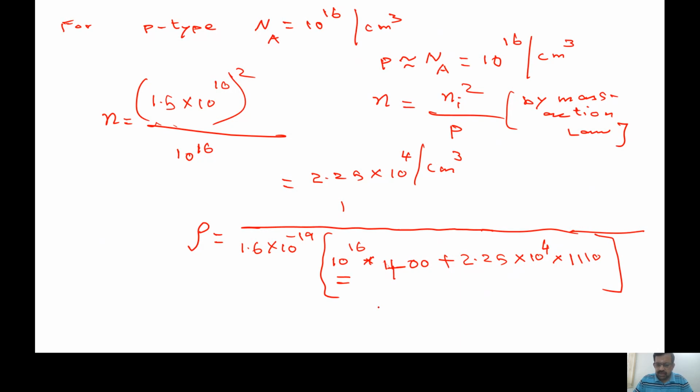Therefore, rho will simply be 1 divided by 1.6 into 10 power minus 19 into 10 power 16, which is 10 power minus 3. Then there is a 10 power 2 here. So 10 power minus 3 into 10 power 2 will be 10 power minus 1.